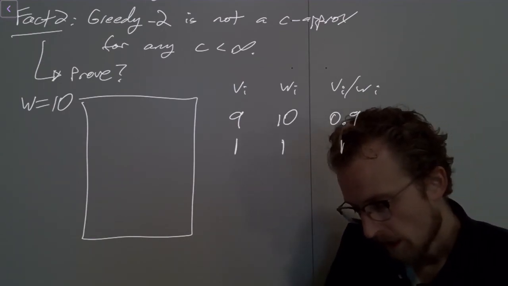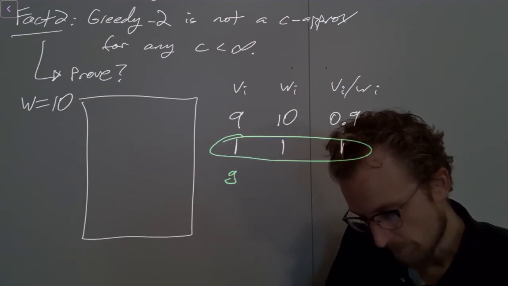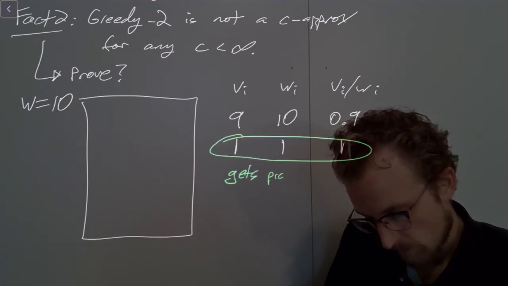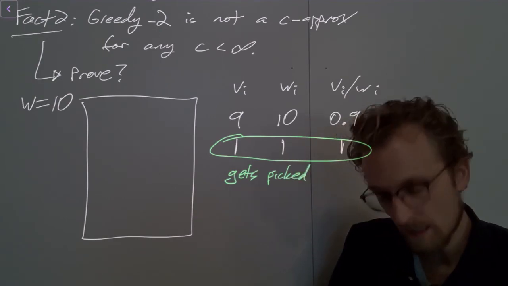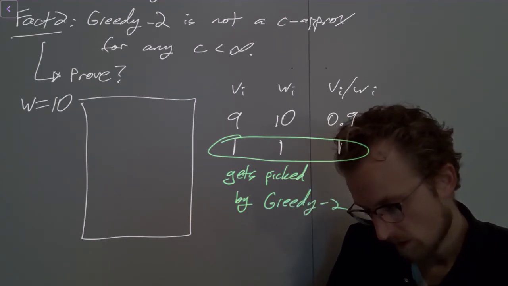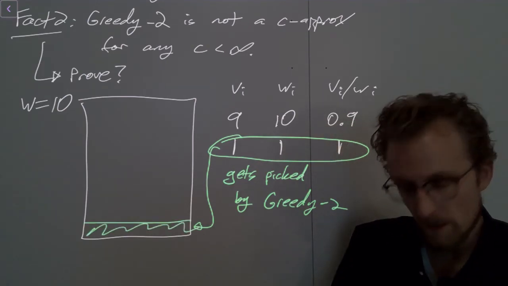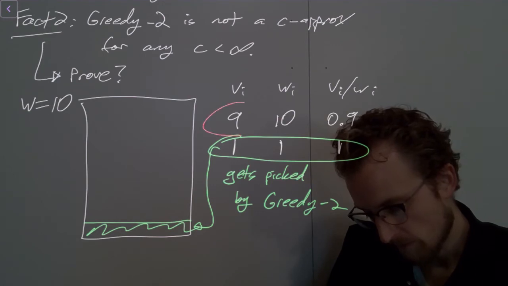Okay, so here's the idea. This thing gets picked by the algorithm, because it has the highest density by greedy 2. So this thing goes in here. And then once it's in here, this thing doesn't fit.